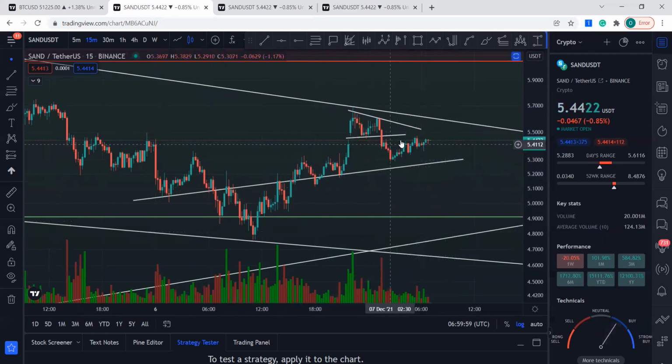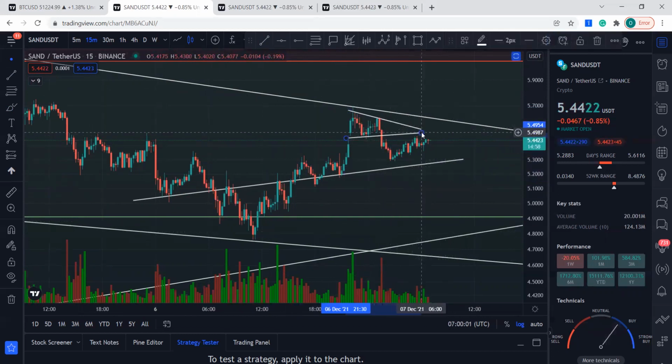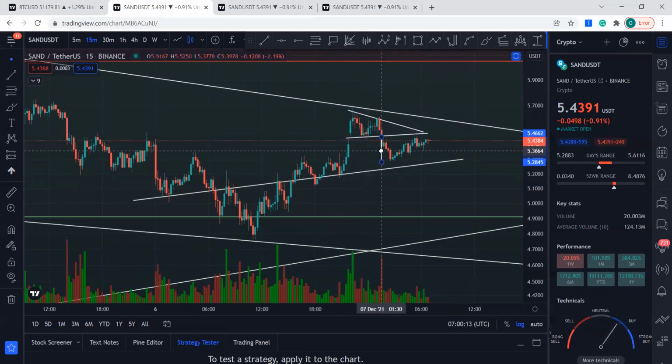Check this out. You can see that pattern that it made. It made something like a higher low and a descending triangle kind of shape. So the target was this, and you can see when it broke out, it reached right over there. Now it's trying to move up.